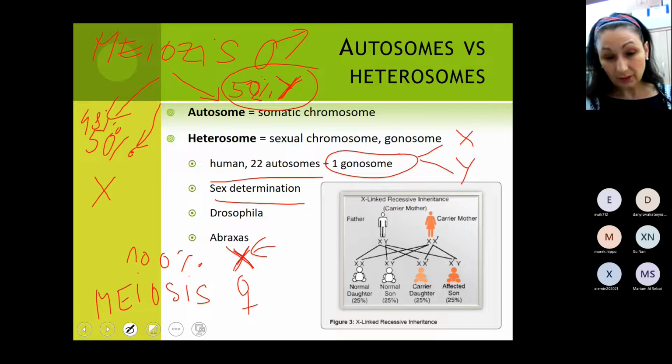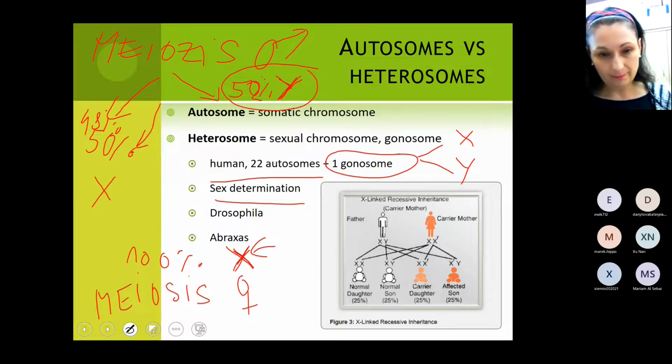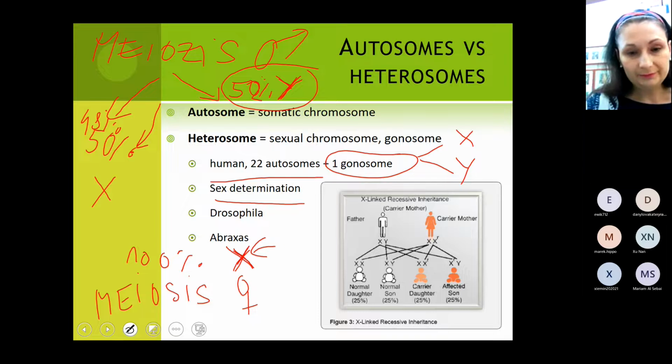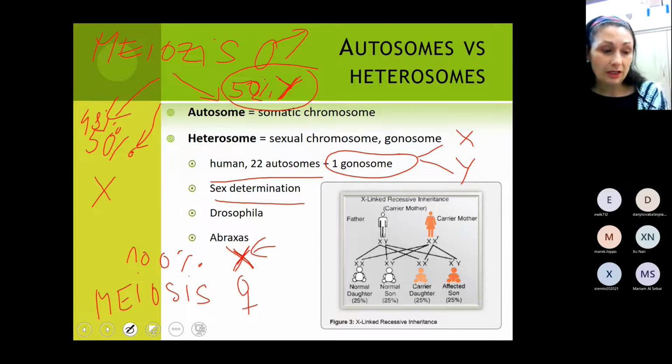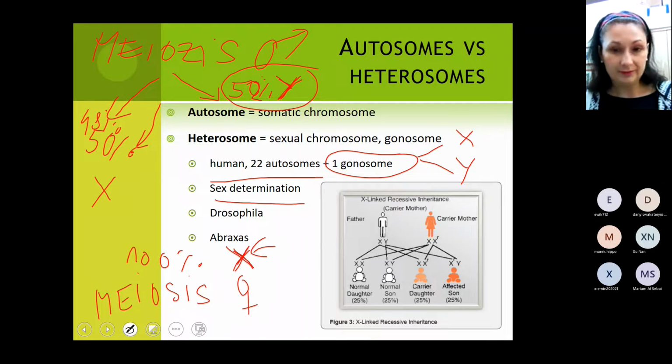So it can happen that, for example, the mother, which is producing the X with X chromosome, has one gene there which has some mutation. Yes, there is some problem with the gene, so the gene is invalid, for example.